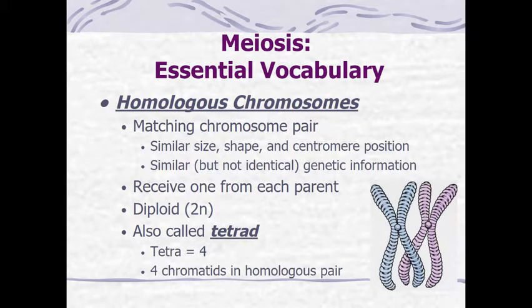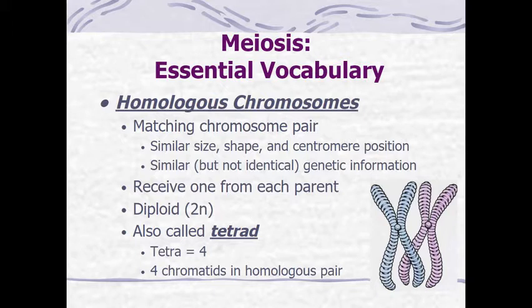There's some essential vocabulary that we need to know before we get into meiosis. First, we have homologous chromosomes. Homologous chromosomes are a matching chromosome pair. They have similar size, shape, and centromere position, and they have similar but not necessarily identical genetic information.